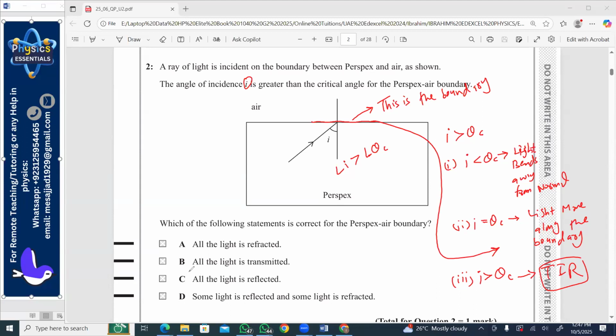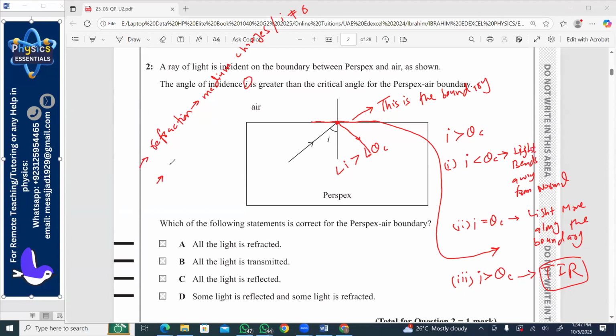So all the light has to be reflected. Reflected means you are not allowed to change the medium. Refraction and reflection: in refraction, medium changes, angle changes, okay? This is the difference between reflection and refraction. In refraction, your medium is also changed, and angle of incidence is not necessarily equal to the angle of refraction.